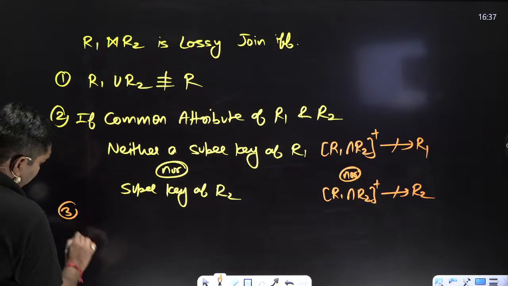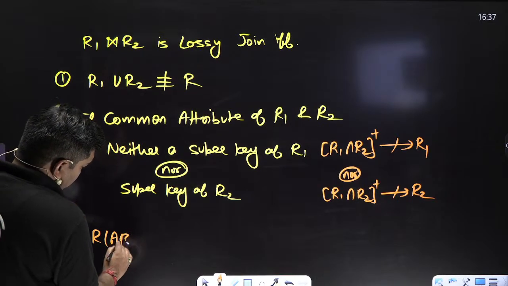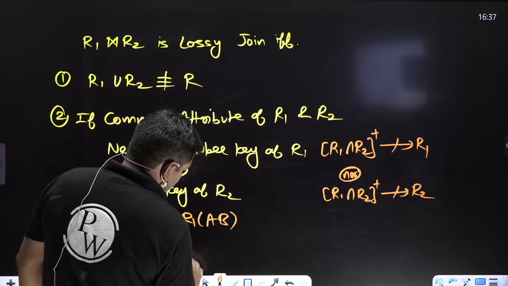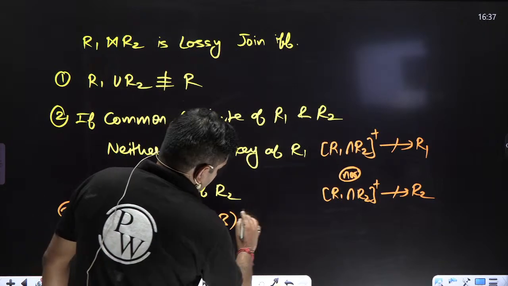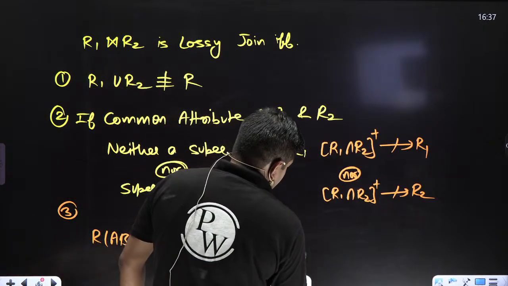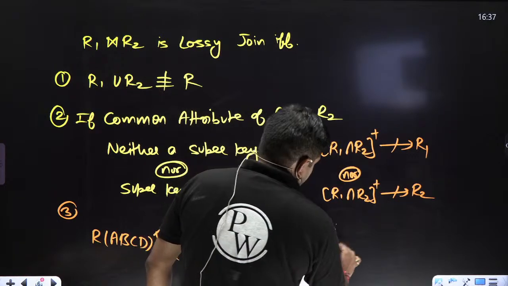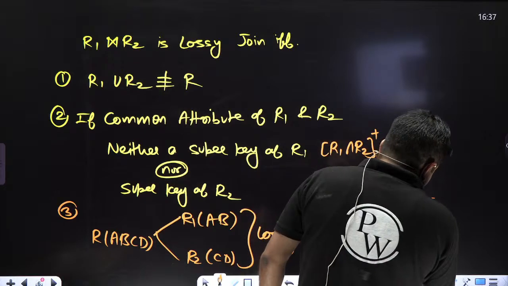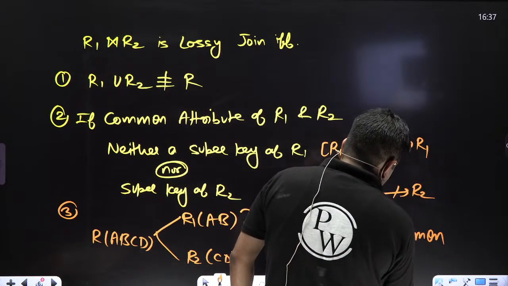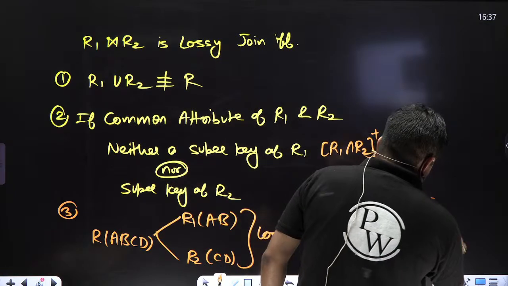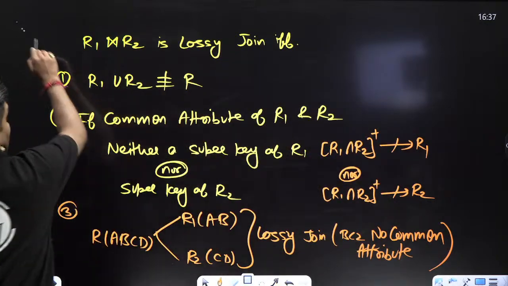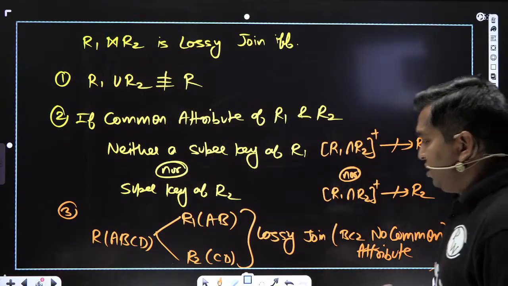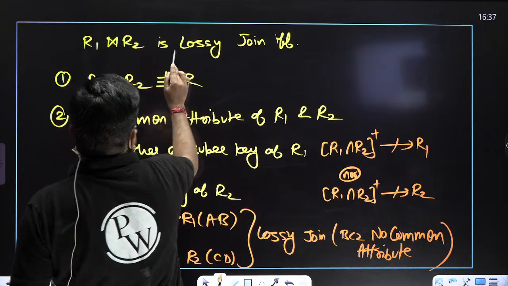Third point, if a relation is decomposed in such a manner like R1 (A, B) and R2 with no common attribute, then directly, without opening your eyes, you can say it is a lossy join, because there is no common attribute. In that case, it is lossy join.